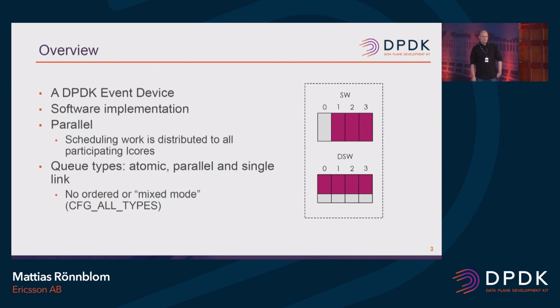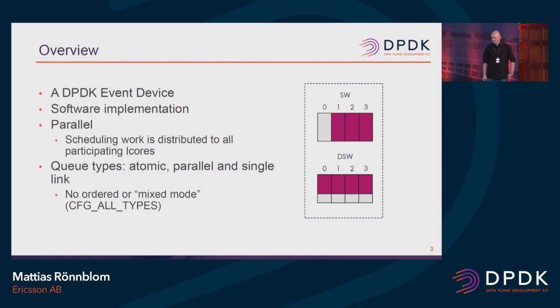It supports 3 different queue types: atomic, parallel, and single link. So it does not support ordered. Also, it doesn't support what I call mixed mode, what's in the API called CFG all types, which is a queue where you configure a queue to accept events of all the different scheduling types.